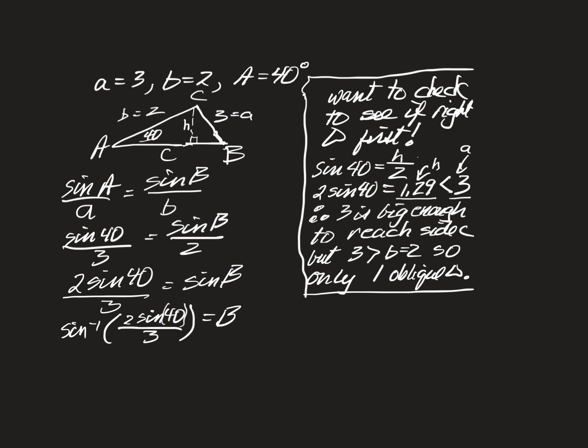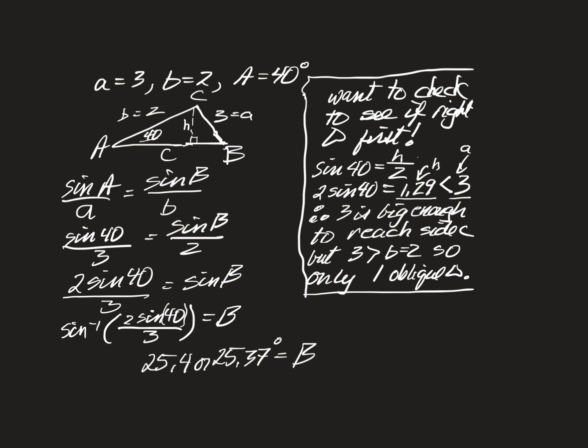The sine 40 on the inside, I have to divide by 3, and then I close the parentheses, and that should be everything. Enter, and I get that 25.4 or 25.37, depending upon what they make you round to, is equal to angle B.